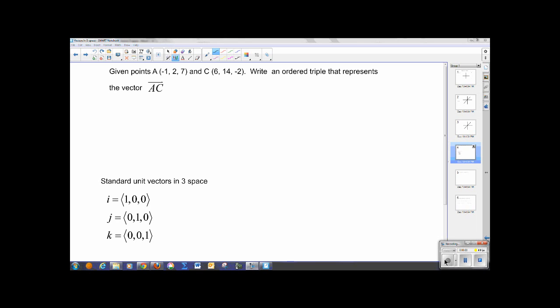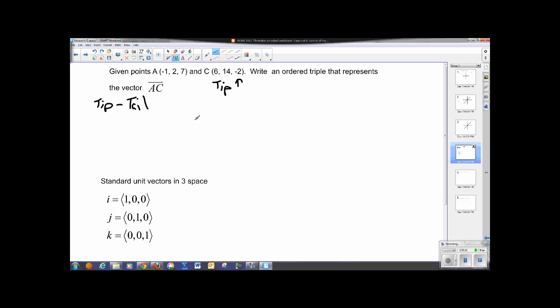So we're going to use these 2 points to represent the vector AC, and we're going to use our tip minus tail method again. If we name our vector AC, C is the tip, A would be the tail. So I use tip minus tail once again, and I'll have 6 minus -1 for the x component. I will have 14 minus 2 for the y component.